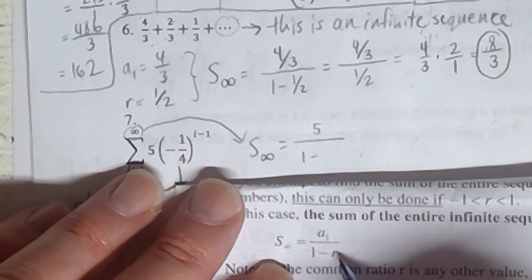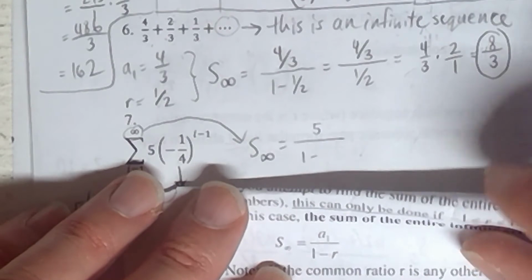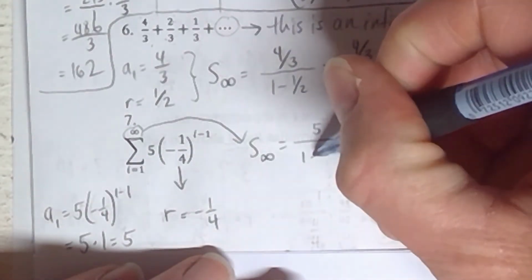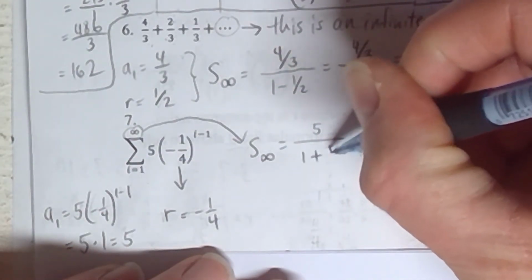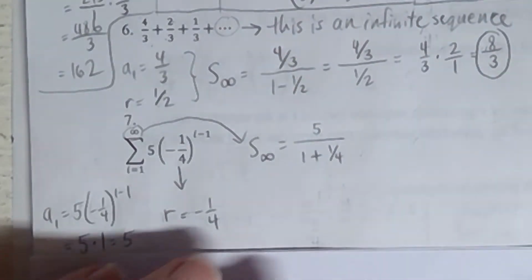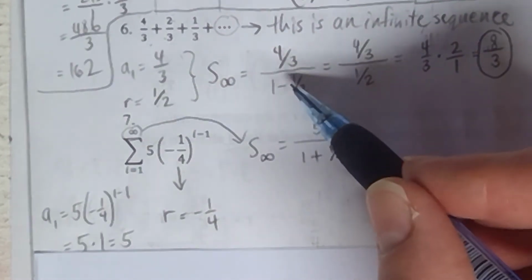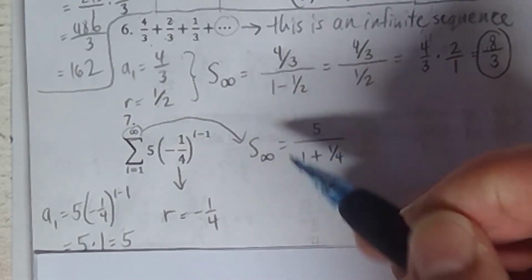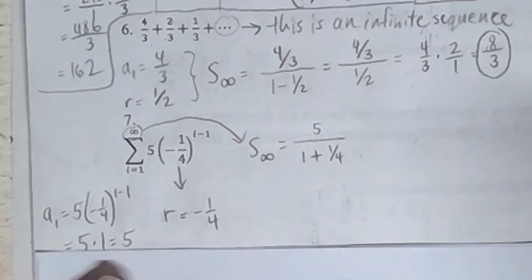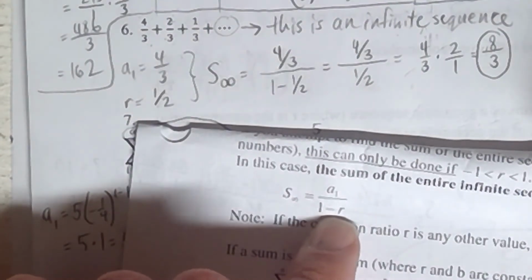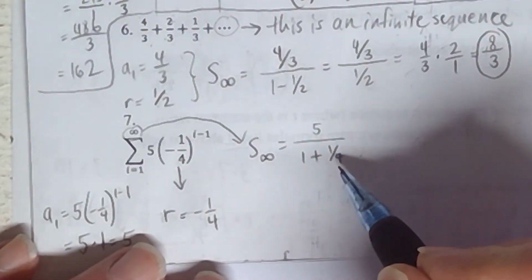And so 1 minus negative 1/4 is going to become 1 plus 1/4. It stayed as minus up here because you plugged in a positive number behind it, but because you plugged in a negative number behind the minus sign this time, it's a double negative, and that's why this becomes plus.